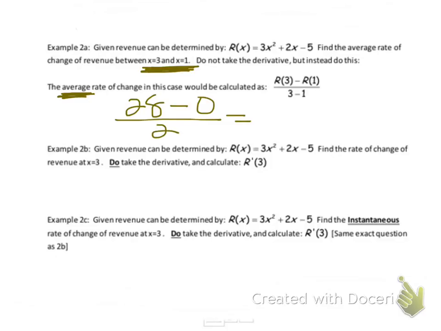So the average rate of change is 28 divided by 2, which is $14 per unit. That is average rate of change.